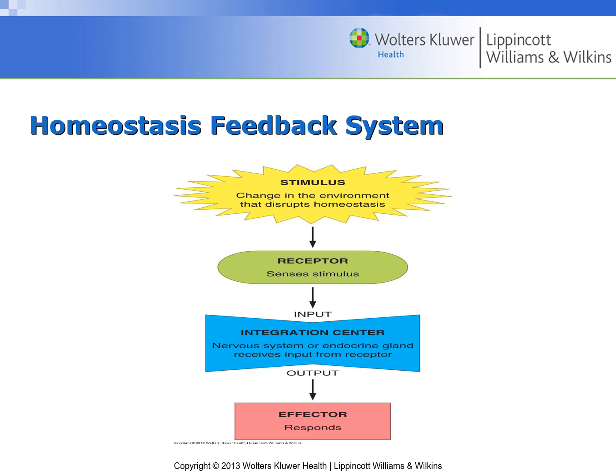The receptor, which are the senses that sense that change or sense the stimulus, and then we have input, the integration center, which is the nervous system or the endocrine gland, which receives input from that receptor, and then we have the output, which is the effector, and it responds to that change.